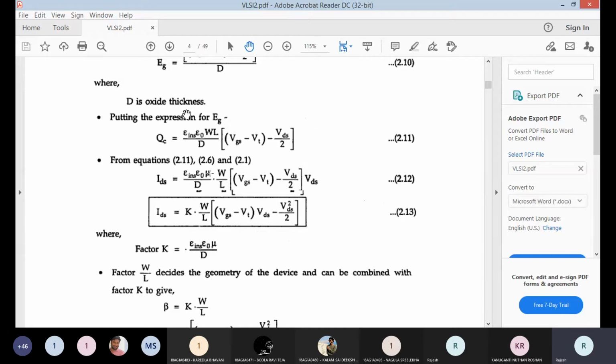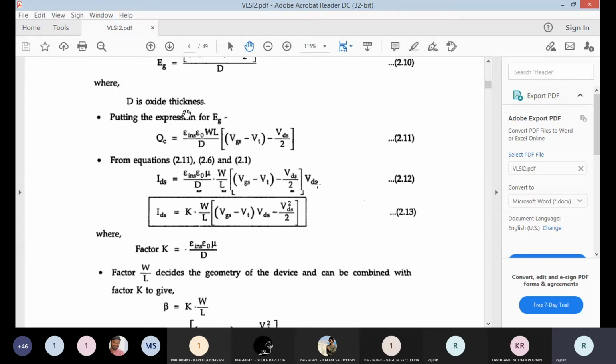So mu comes here, VDS goes here, L and L square gets cancelled. So you'll be left with one L in the denominator and remaining constant epsilon insulator epsilon naught mu by D are taken as K into W by L into VGS minus VTN minus VDS by 2 into VDS. So if you substitute QC and tau SD parameters, you get one equation like this.